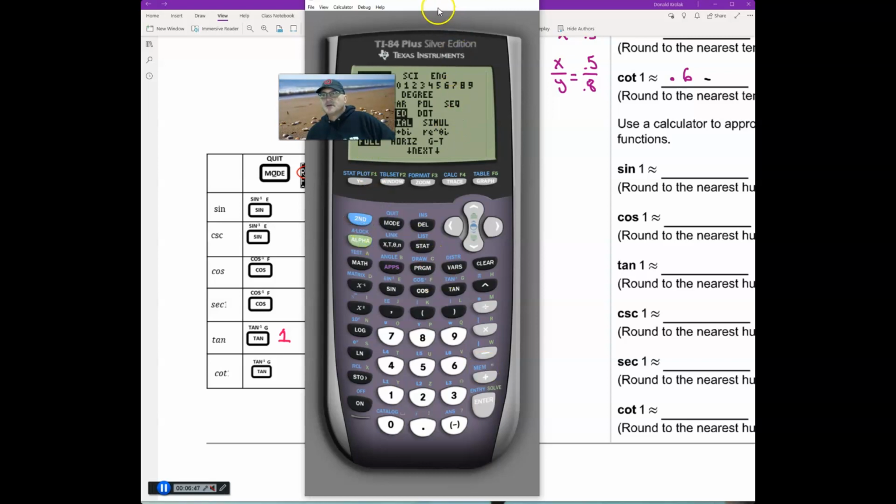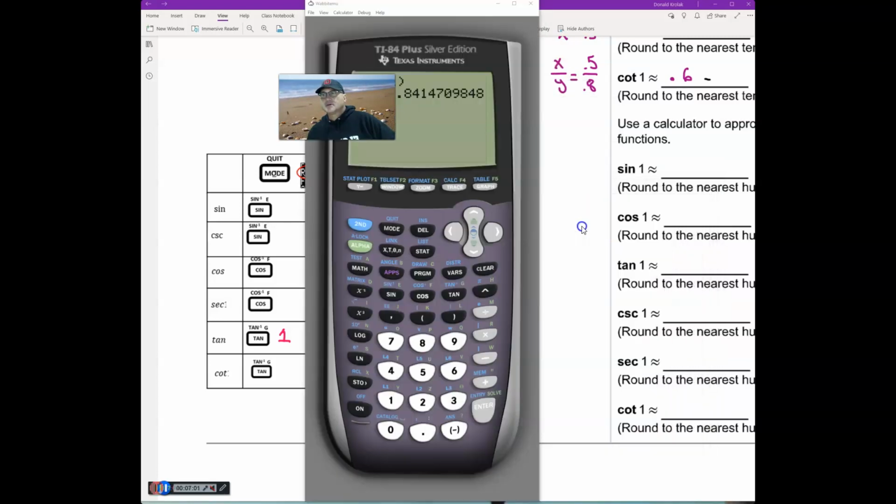So to find the sine of 1 radian, I go sine 1, close the parentheses, and then enter. It says round to the nearest hundredth.